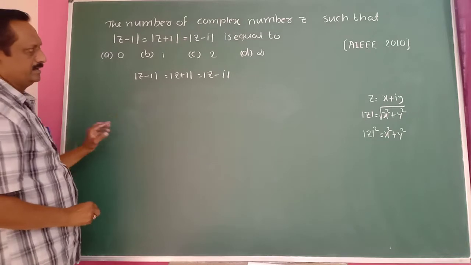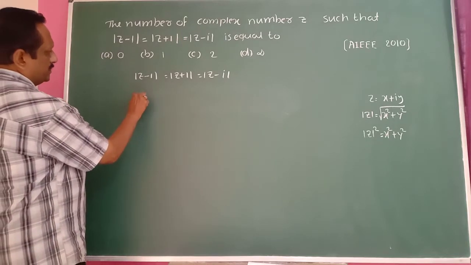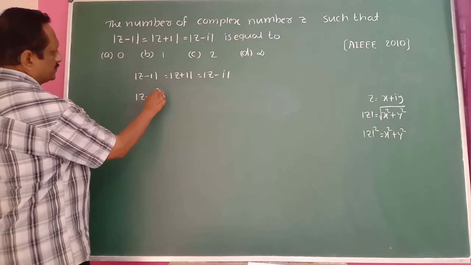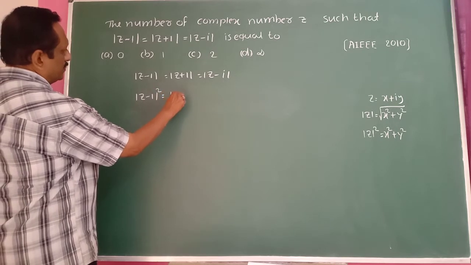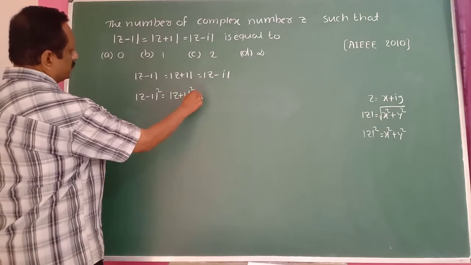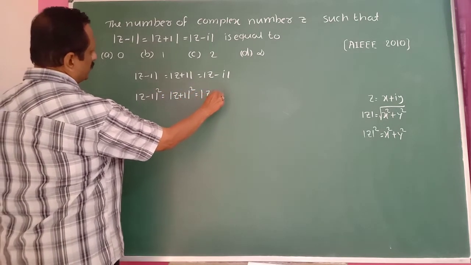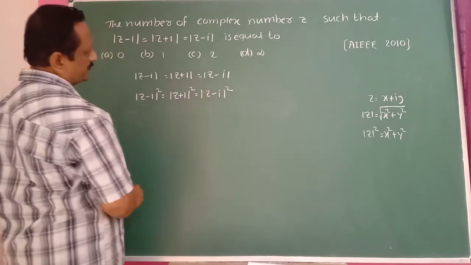And squaring each term here, modulus of z minus 1 whole square is equal to modulus of z plus 1 whole square is equal to modulus of z minus i whole square.